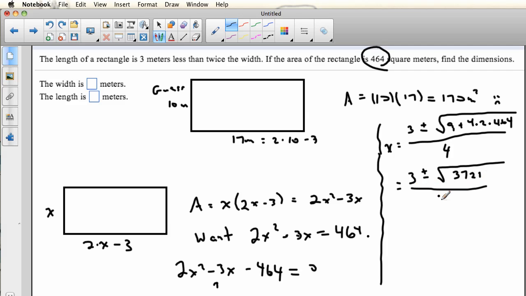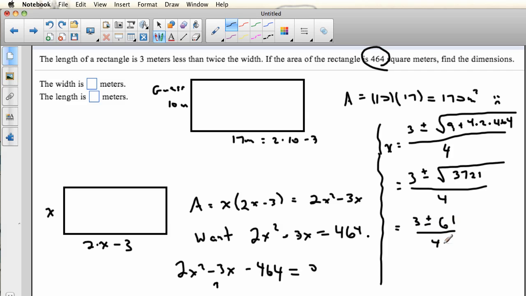And so it's not too surprising that this problem was picked so it has half decent values. If I take the square root, I find out that it's equal to 61. So this is really 3 plus or minus 61 over 4.